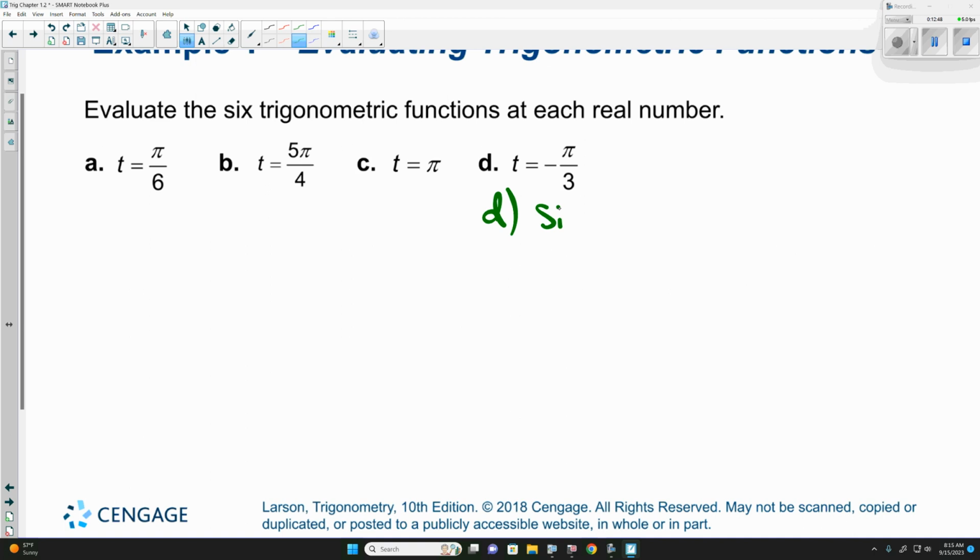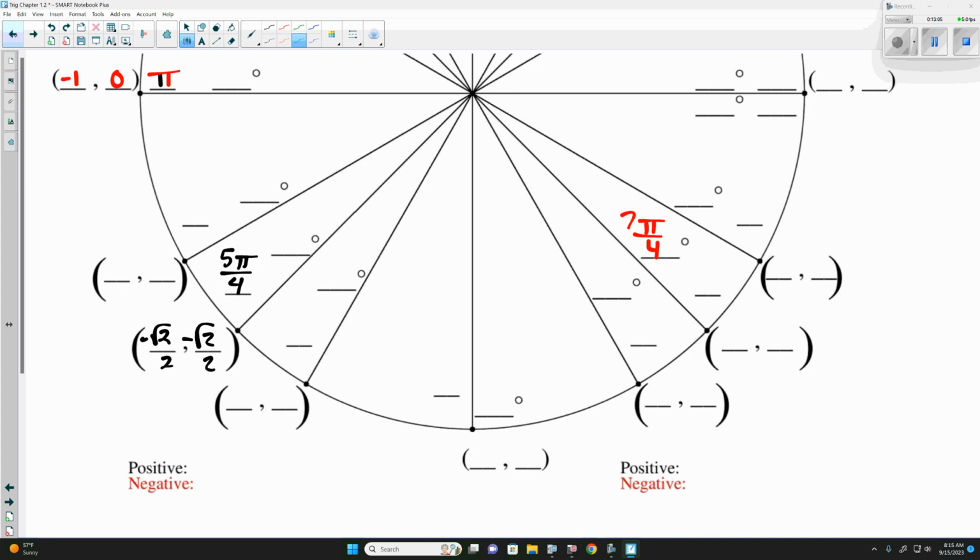Let's look at D. Now, on the unit circle, do we have negative angles? No. But I do know that most all of these are based off of pi over 3, pi over 4, or pi over 6. They're just different ones based off where they are. And positive, let's get to the big one.